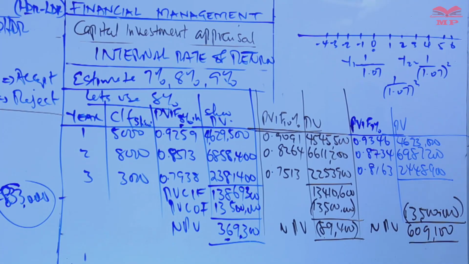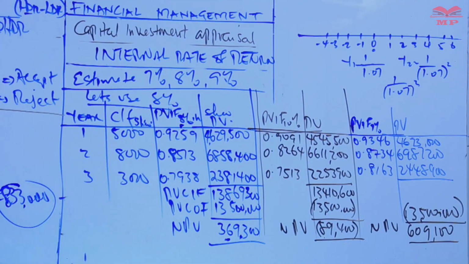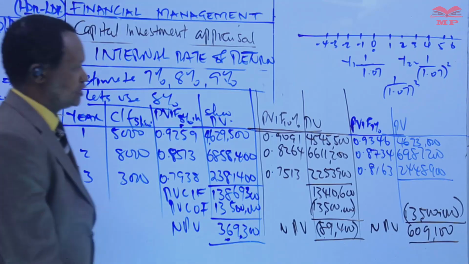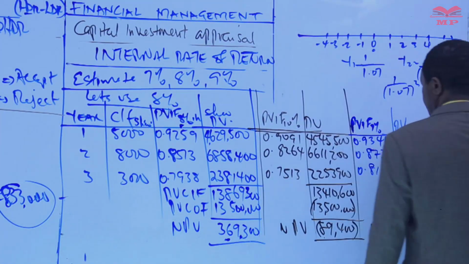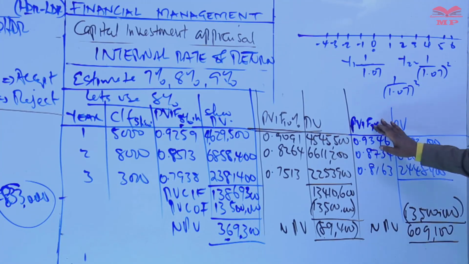Positive. Someone says positive, 609,100. All right. So this was 7%.